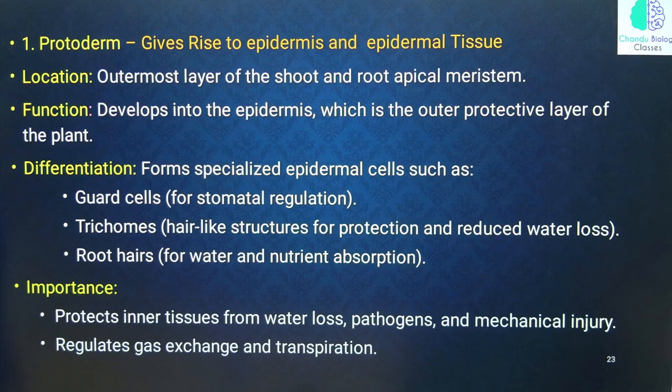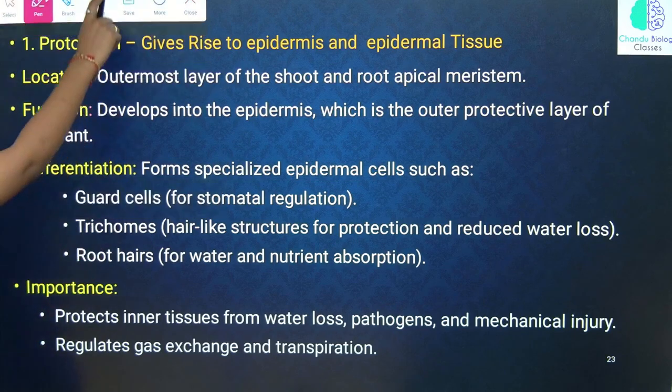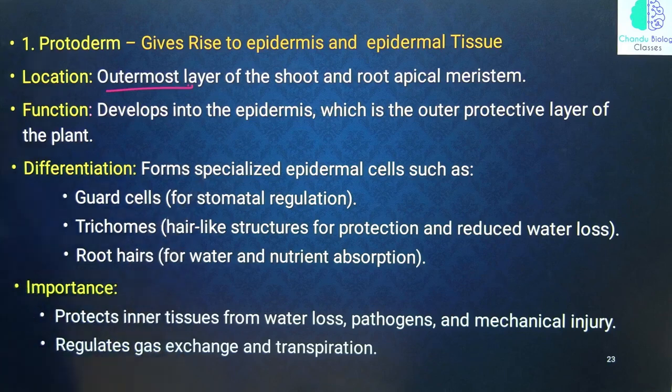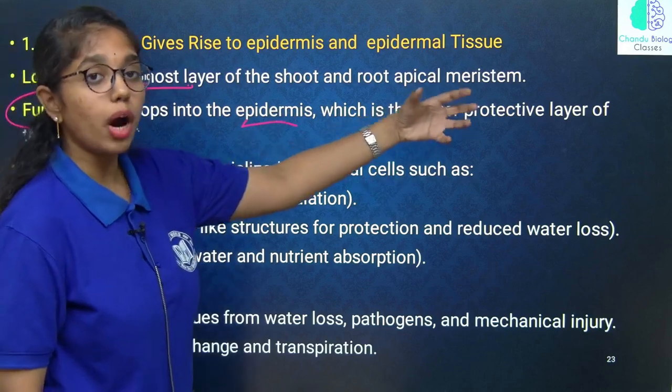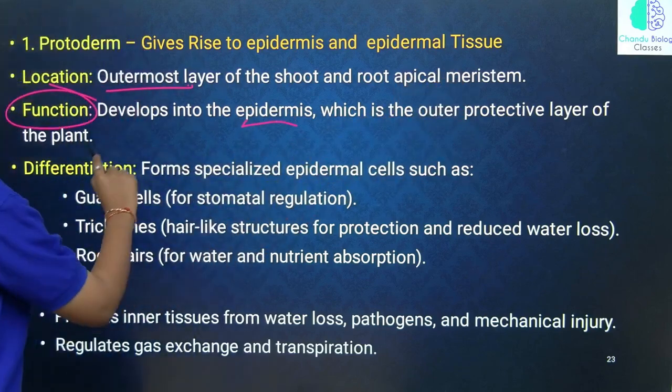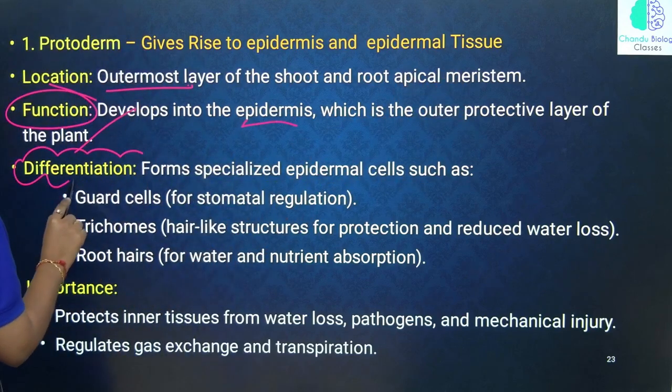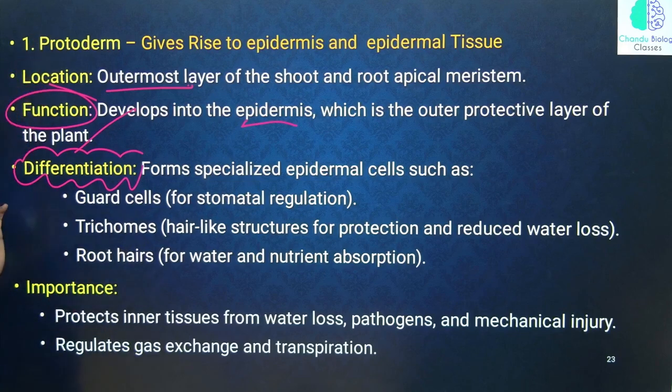First, protoderm. It gives rise to epidermis and epidermal tissue. Location is the outermost layer of shoot and root apical meristem. Functions: they develop into epidermis, which is the outer protective layer of the plants. Next, differentiation. How is this differentiating?